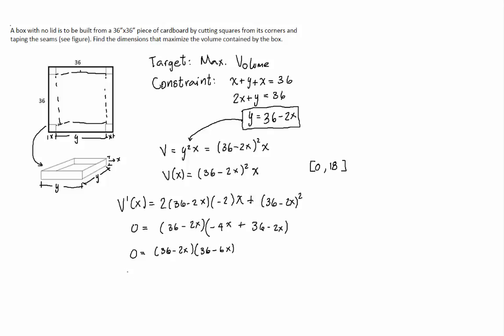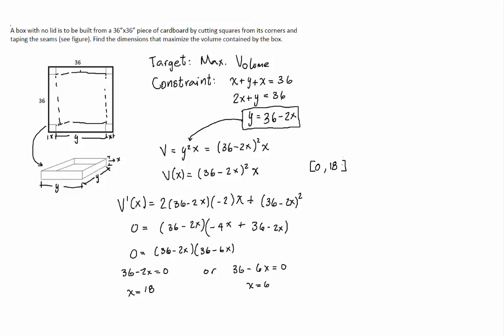If you set the first one equal to 0 and you solve, you obtain that x is going to be 18. Just add 2x on both sides and divide by 2. Or if you set the second term equal to 0, you obtain that x is equal to 6.